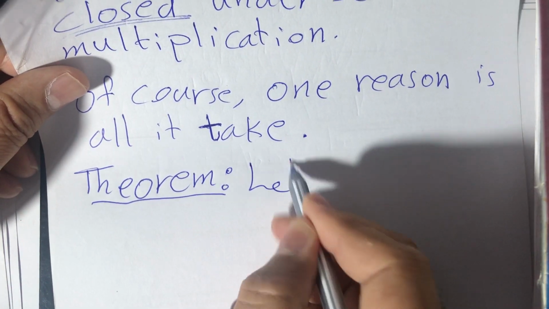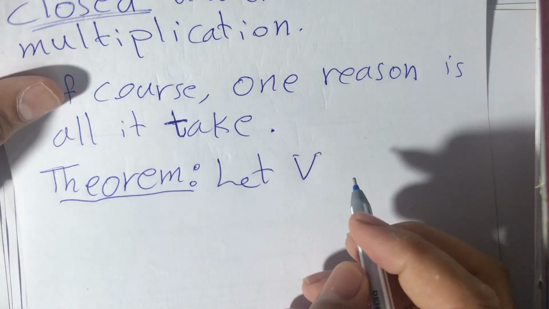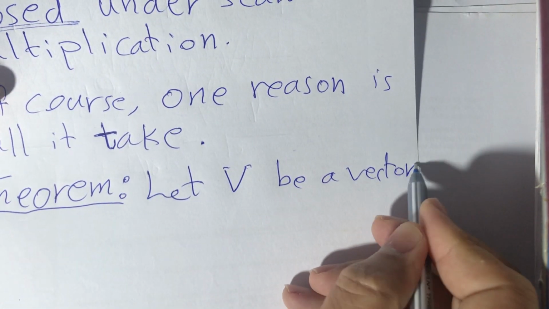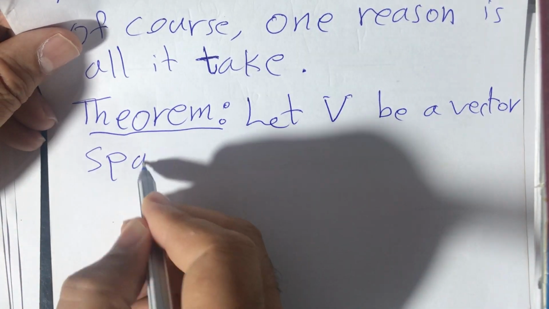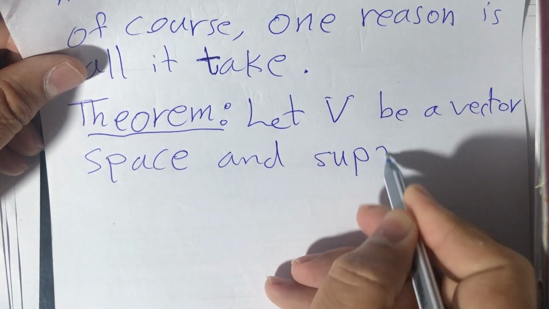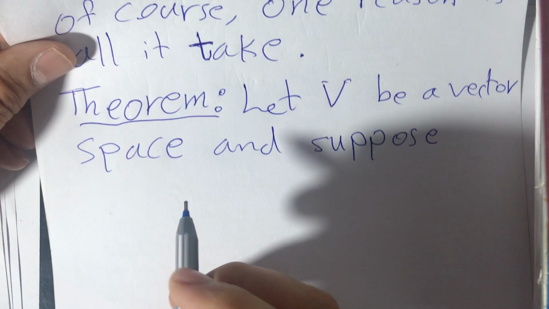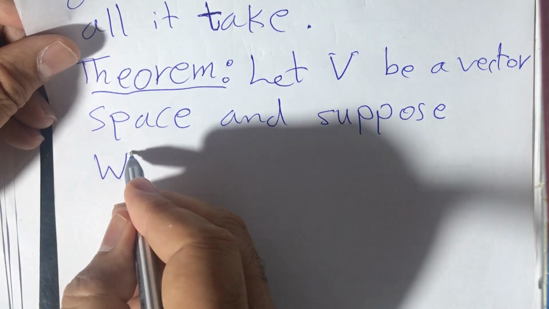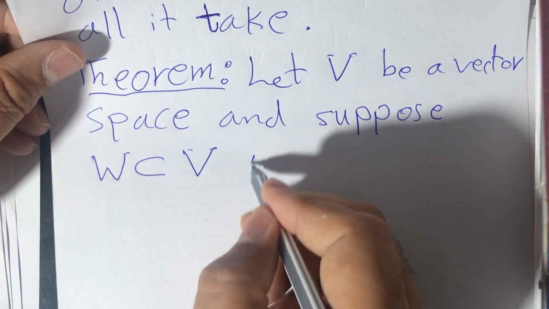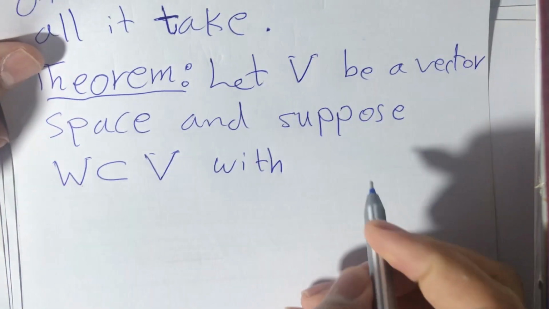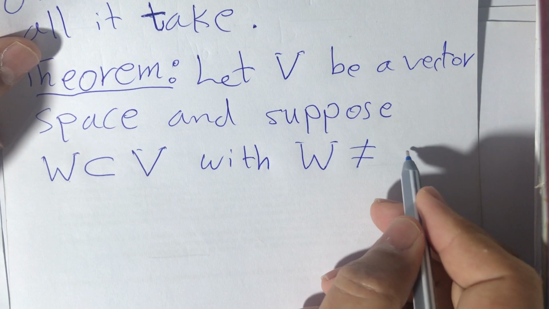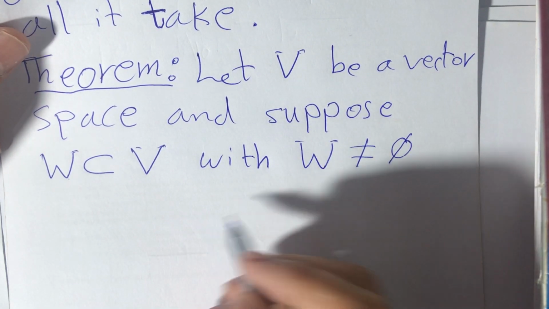Let V be a vector space and suppose W is a subset of V with, this is an important condition, W is not an empty set.